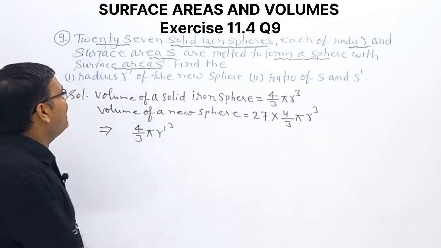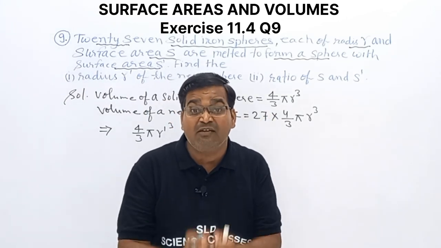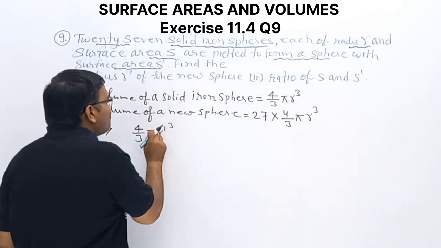For the new sphere, once we melt all 27 spheres, we get a new sphere. That time the radius will be R dash.